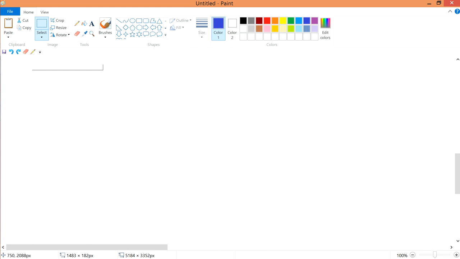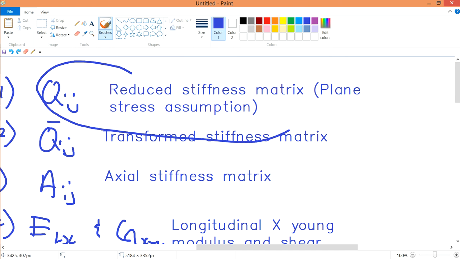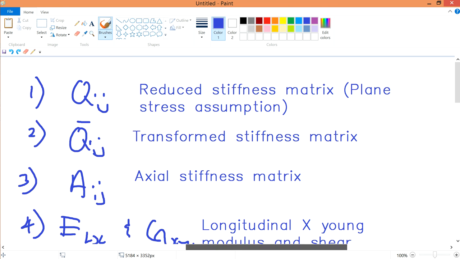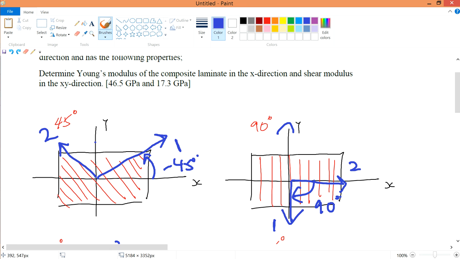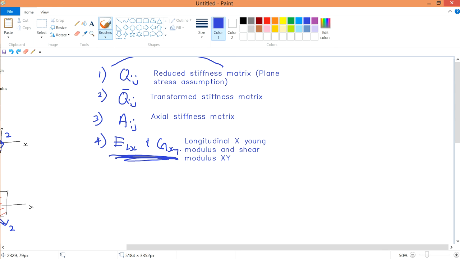What exactly does this Qij mean? It is the stiffness matrix individually. I say wrongly, Qij isn't for the angles yet. Qij is simply for the matrix and the fibers.